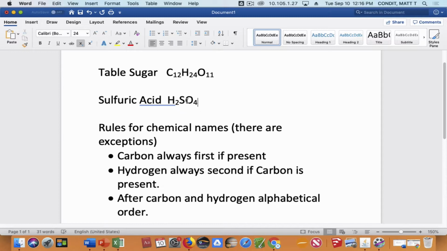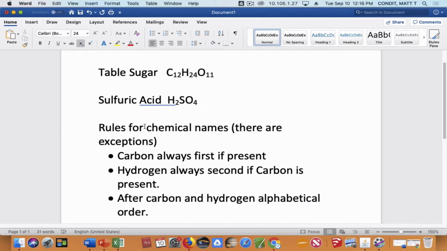So again, we want you to be able to identify that it's got hydrogen, sulfur, and oxygen in it, and that it was made of 2 plus 1, 3 plus 4, 7 total atoms.